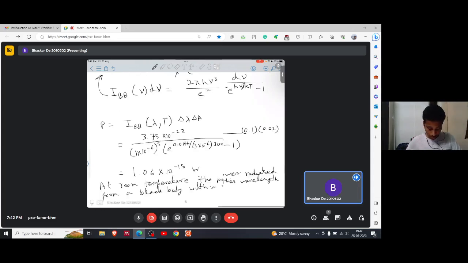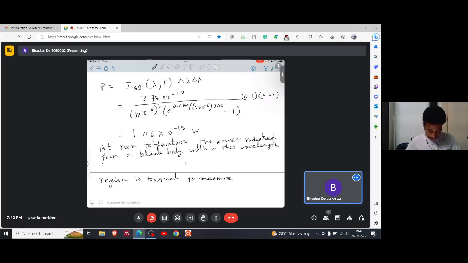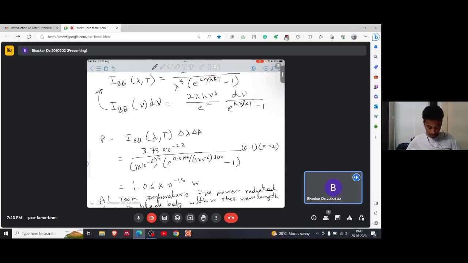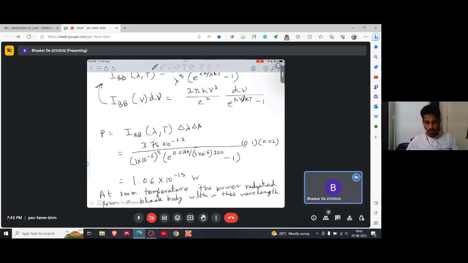Okay, so this is the power radiated from a black body at room temperature, which is almost of the order of 10 to the minus 15 watt. So that is femtowatt basically.